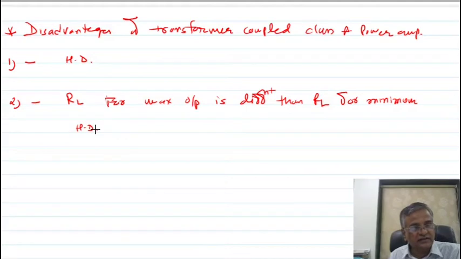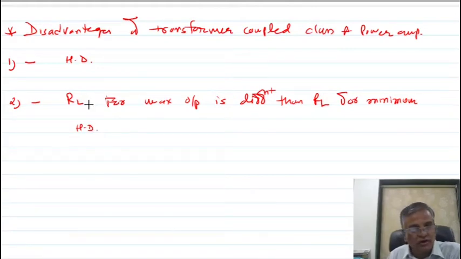We have seen from the graph that the load which gives the maximum output power is different than the load which gives the minimum harmonic distortion. For a good power amplifier design, the harmonic distortion should be small. So we can say that one has to sacrifice output power to have low harmonic distortion.